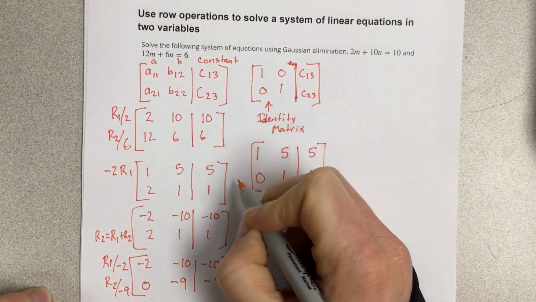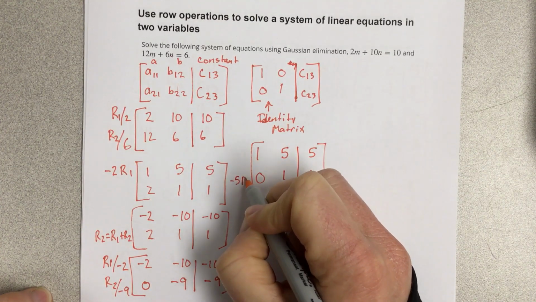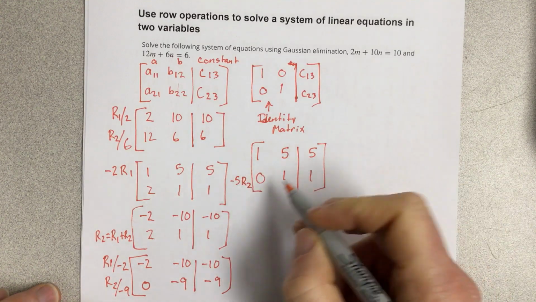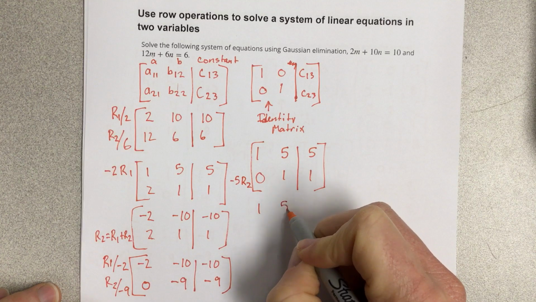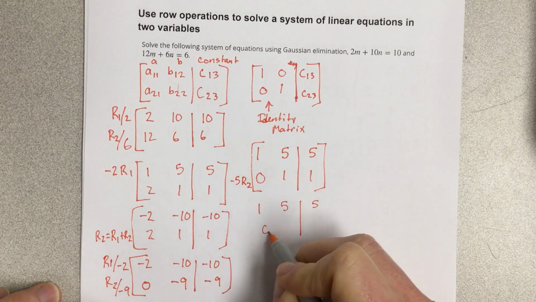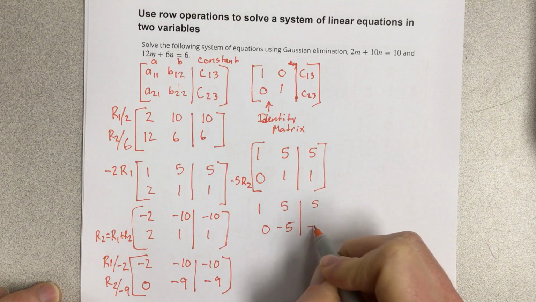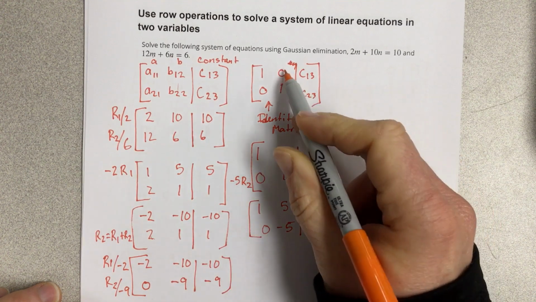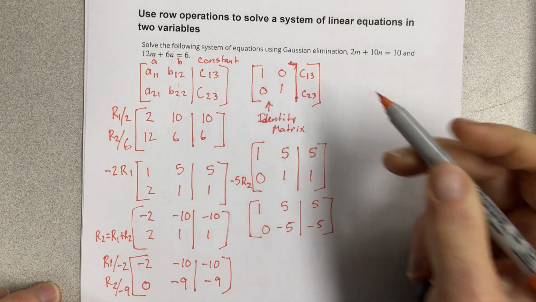And now I'm going to take -5 and multiply it times row 2. To do that, I'm going to get 1, 5, 5. -5 times these pieces here, I get -5 and -5. And I'm trying to get 0 in this top right corner because I want the identity matrix.